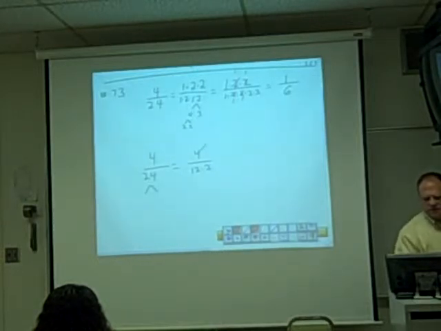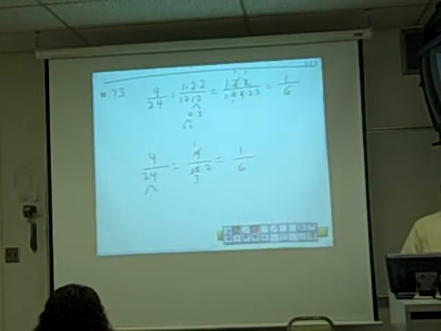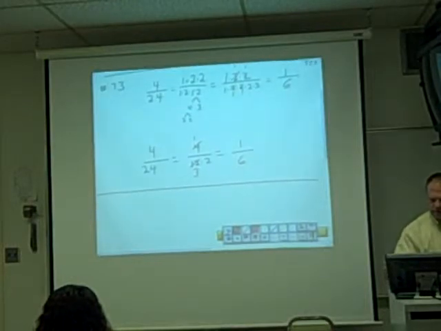You know that you can divide 4 into 12, right? And what do we get there? 3. 4 divides into itself once, 1. And so now what we have here is 1 over 3 times 2 is 6. So you could break down the numbers into a lot of different combinations and still make it easier to get your reduced fraction. Okay? All right, any questions with that?